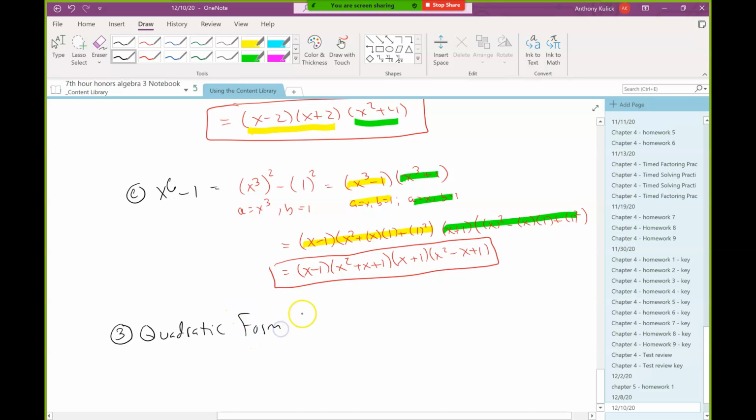Okay, so the last type of factoring I want to talk about today is something in the quadratic form.